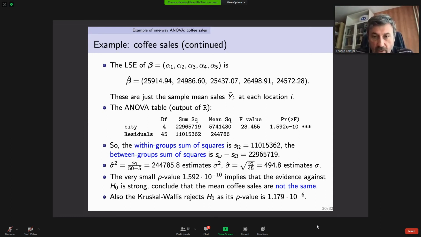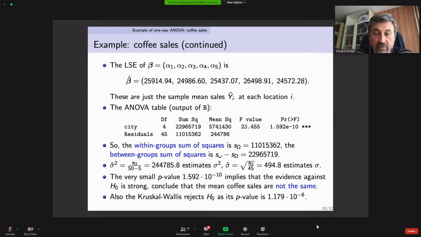So what is this S omega big? S omega big is this number, remember? This difference, S omega small minus S omega big, is that number. Now this number divided by that number should be this one. We take this and divide by this. This is the F statistic.